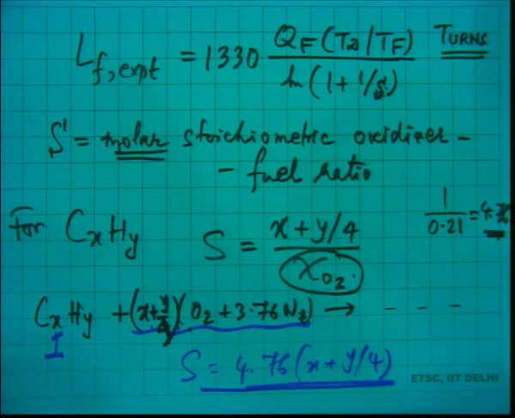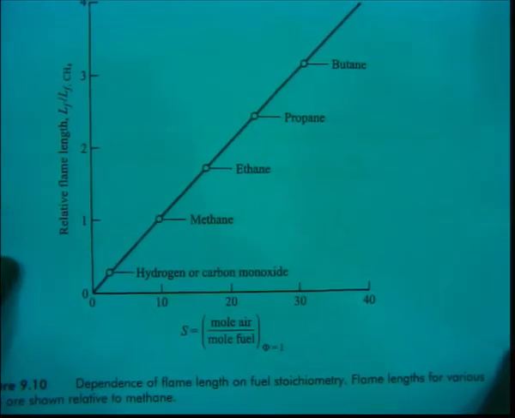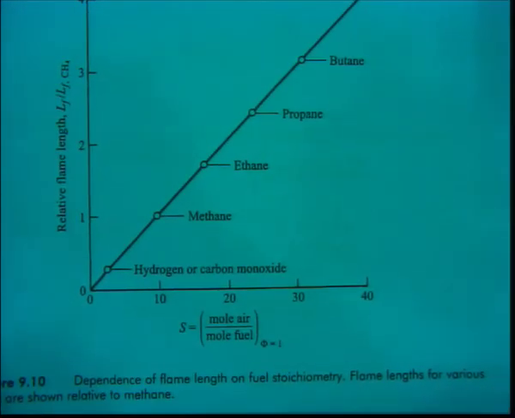and I will just show you what happens as a consequence of this expression. So, let us say we have different fuels and we have the same value of QF. Okay.